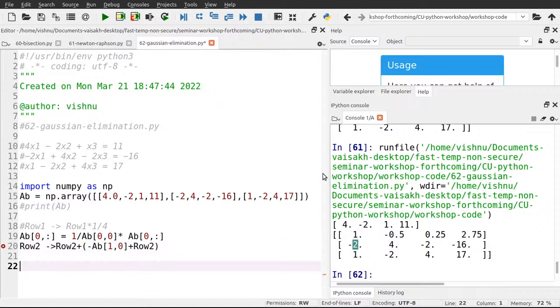Now coding it. This is the first row. First row in the sense that zeroth row is the first row and row number 1 is second. So row 2 plus.